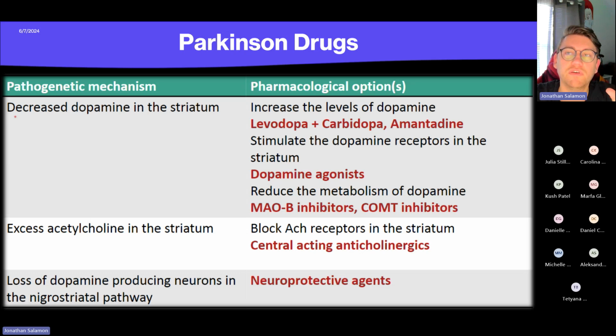So, and this is where it kind of gets in the weeds a little bit. If the problem that's causing the Parkinsonianism is due to decreased dopamine, the answer is to increase dopamine. But if you remember, what I talked about was the balance is important. So if you have too much acetylcholine, you can give anticholinergics to help treat the symptoms.